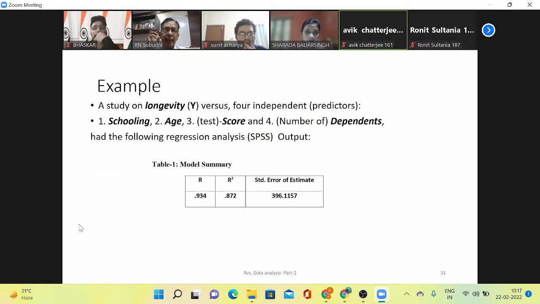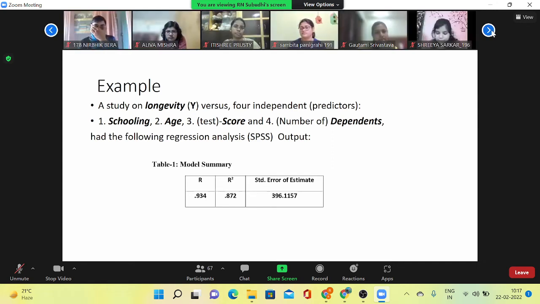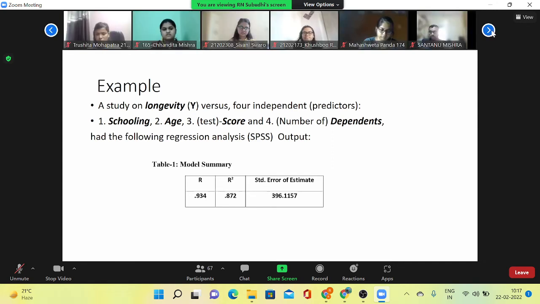No, the selection entrance. Suppose a company is conducting its own selection test. So test score, and schooling means your pedigree, what type of background you are from. So the scholar wanted to study these. Now, Ashish, just think about it deeply. Do you think age will be a factor with longevity?